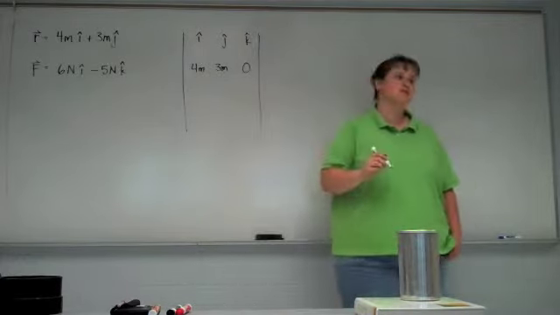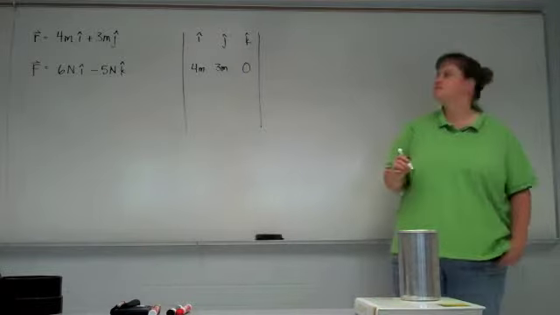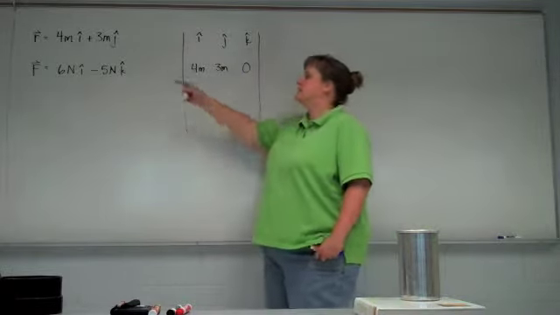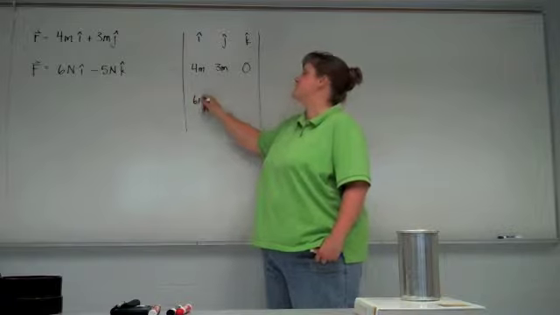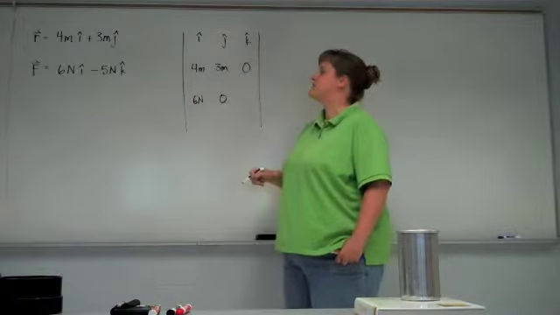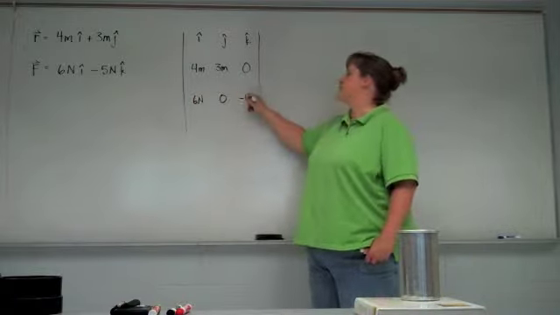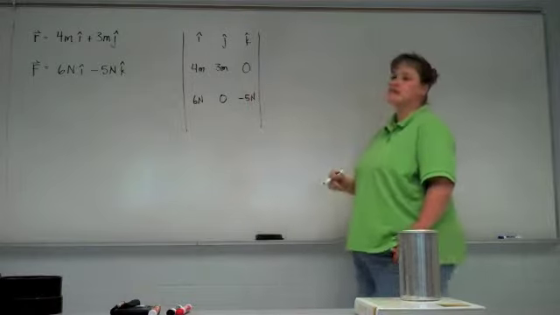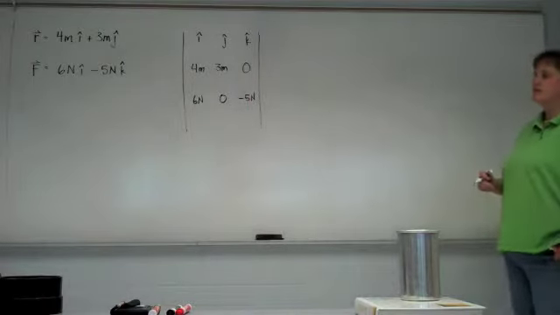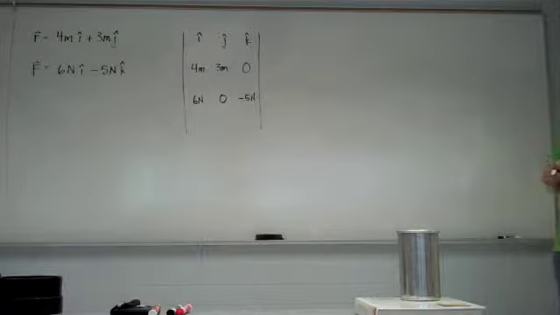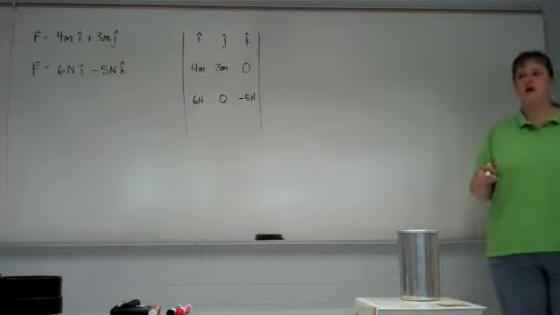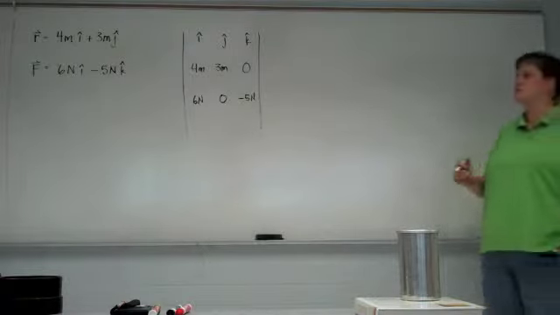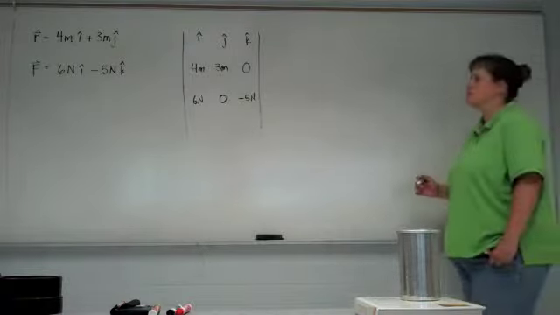It's important to put the 0 in. The force, 6 newtons is the X component, 0 is the Y component, negative 5 newtons is the K component. So you do need to put the zeros for any components that you don't have. That's important to put in there.